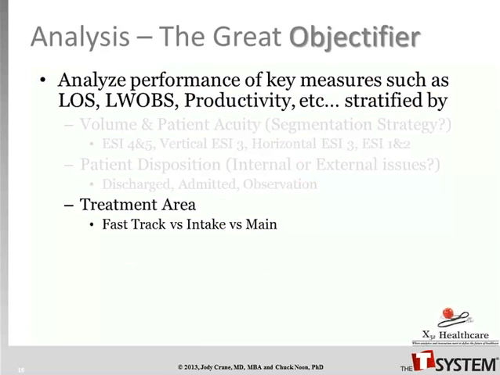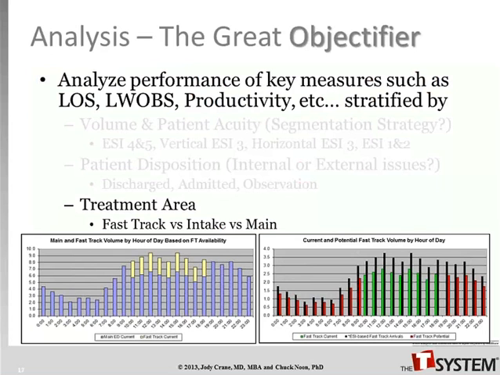Patient disposition also helps answer the question, is it an internal, within the department, or an external issue? Treatment area, fast track versus intake versus main. Again, look at your productivities and your performance between those areas. So, if you've got an ESI 4 patient who, if they go through fast track, completes care in 3.5 hours, and if they go through the main they complete care in about 3 hours and 45 minutes, then that would tell me there's not really much of a different process going on within fast track relative to the main.